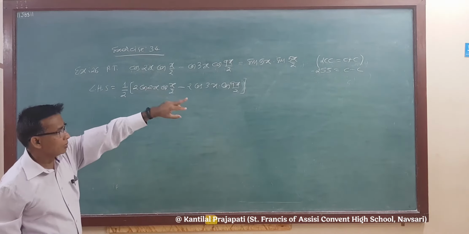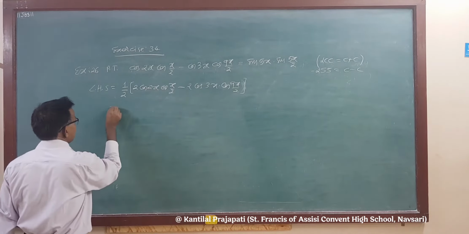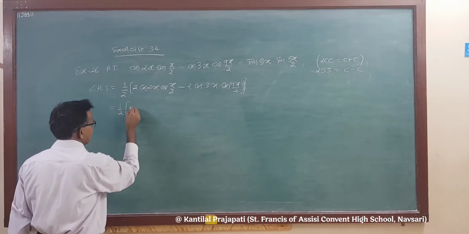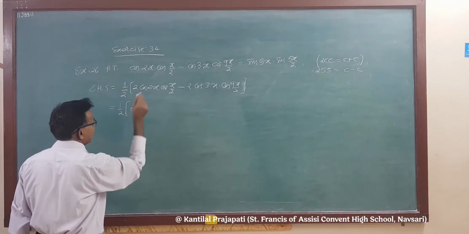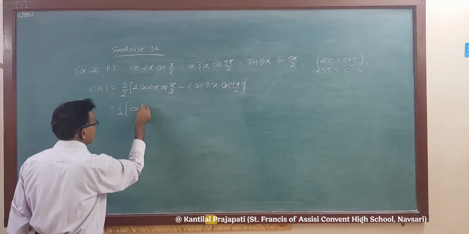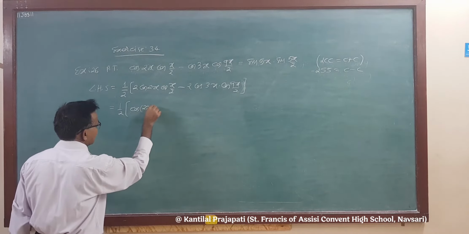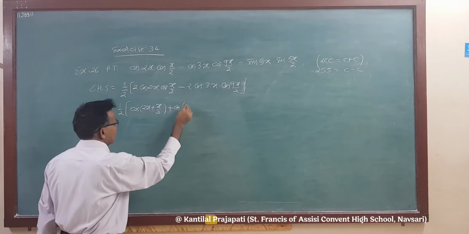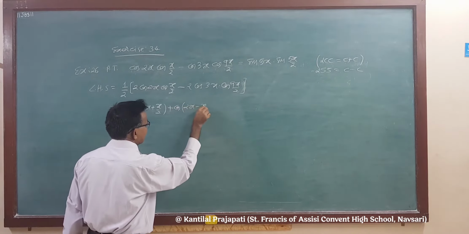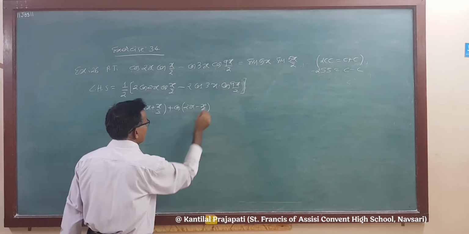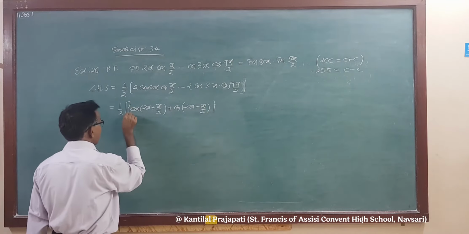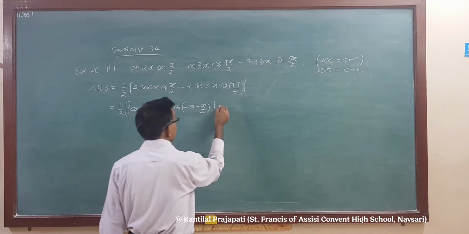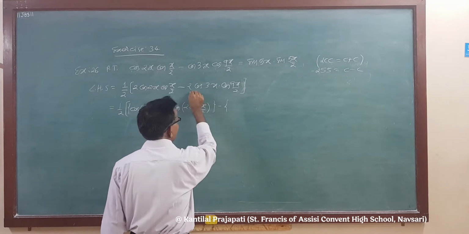Now apply the formula 2 cos A cos B, we represent it as a sum or difference. The sum of angles: cos(2x + x/2) plus cos(2x - x/2), we write in a bracket. Now the minus sign, we also represent in a bracket.